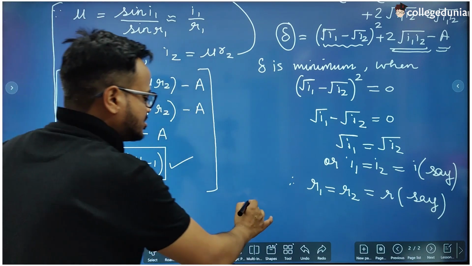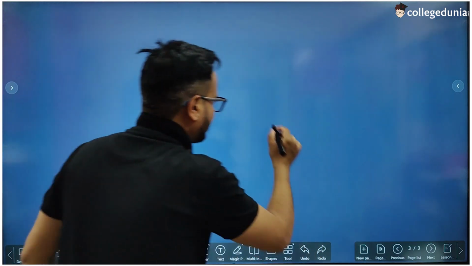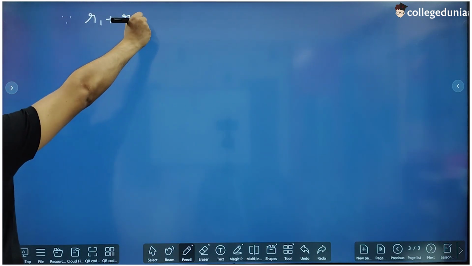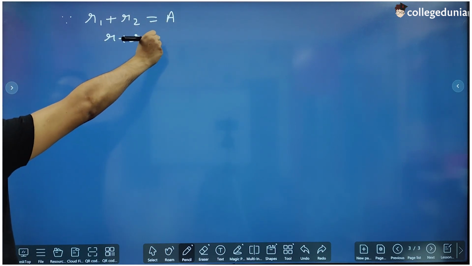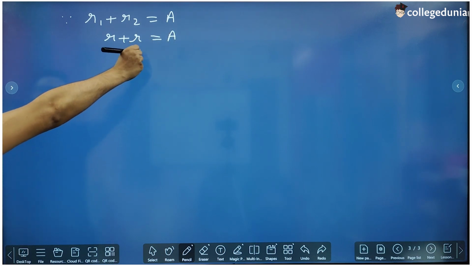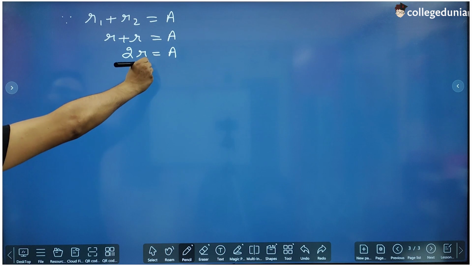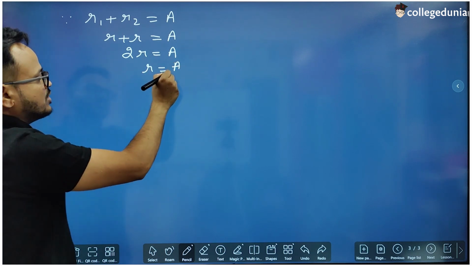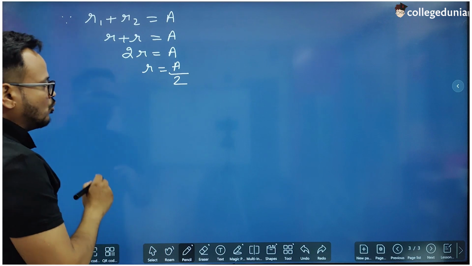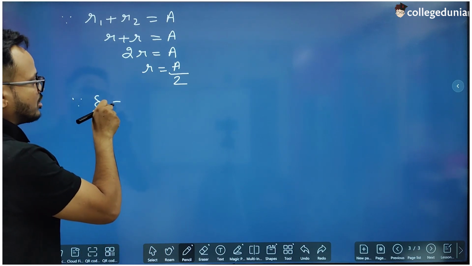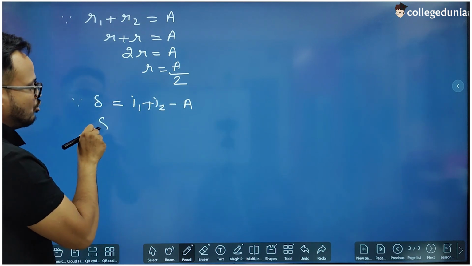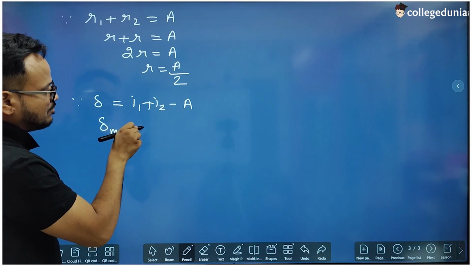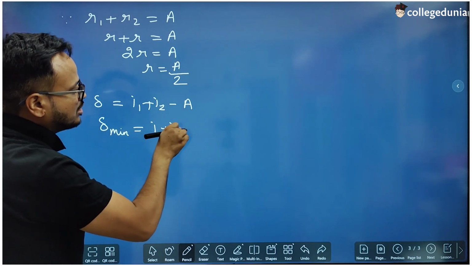Now, as we know, R1 plus R2 equal to A. So if we are considering the case of minimum deviation, we can write R plus R equal to A, or 2R equal to A, which gives R equal to A by 2. And delta was I1 plus I2 minus A. So if we take it as delta minimum, that means we are considering the minimum deviation case.